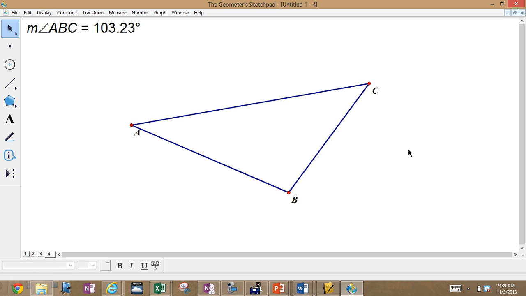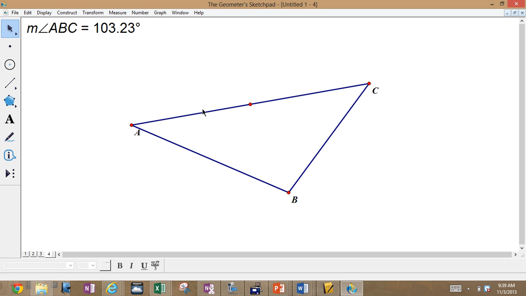Now, the center of the circle is said to be the intersection of the perpendicular bisectors of the sides. Now, what does that mean? Well, again, perpendicular is at right angle, bisectors cutting in half. So I'm going to select 2 of the 3 segments. From the construct menu, I'm going to choose a midpoint.